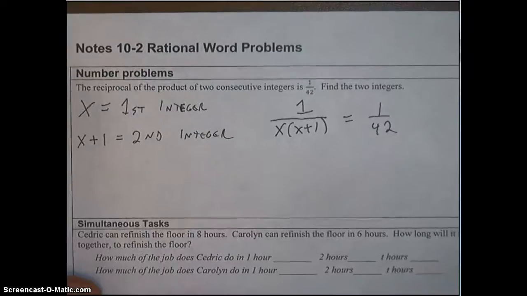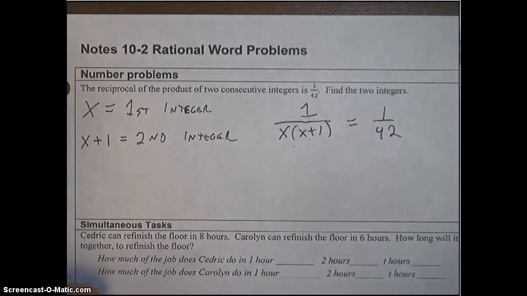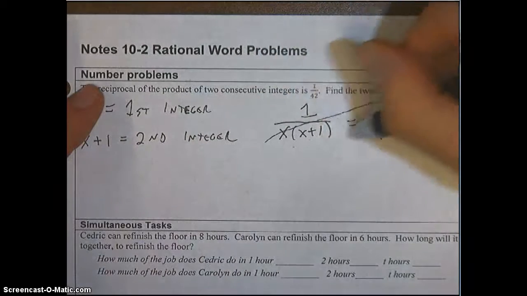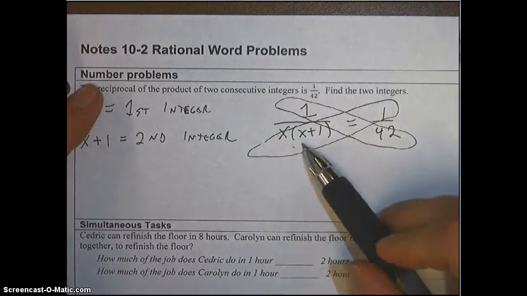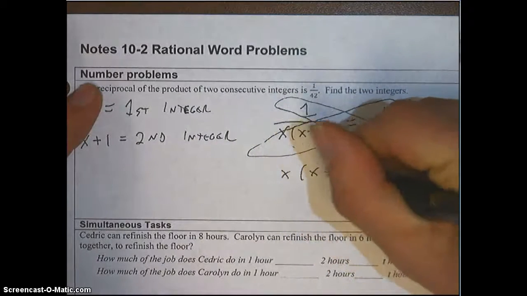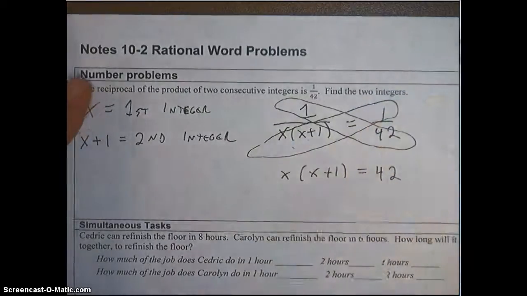So what I'm trying to do is find the two integers, x and x plus 1. And I think the easiest way to do this is by cross multiplication. So x times x plus 1 times 1, of course, is just x times x plus 1. And 1 times 42 is just 42.